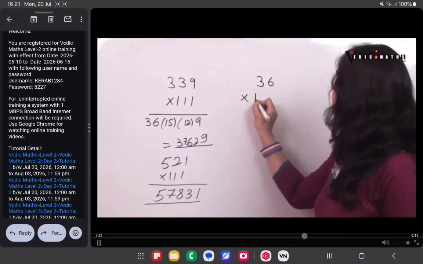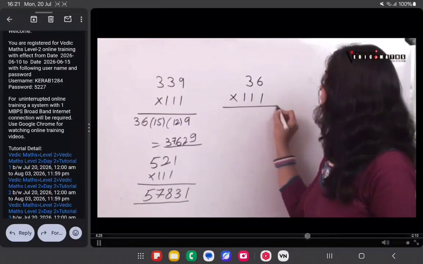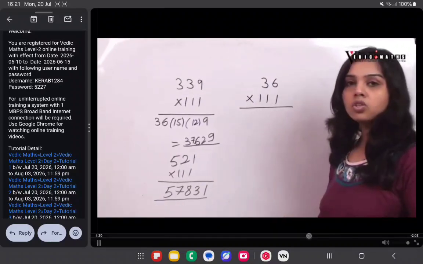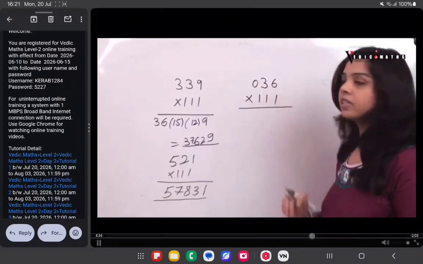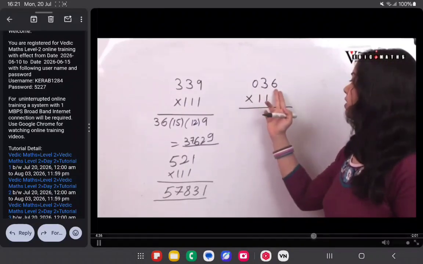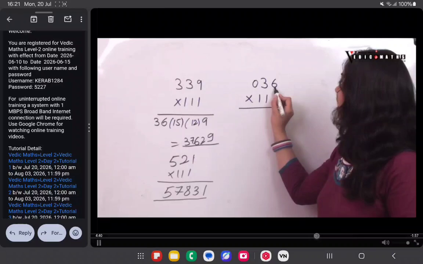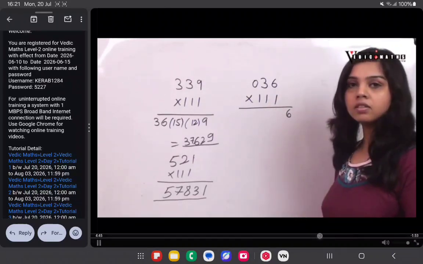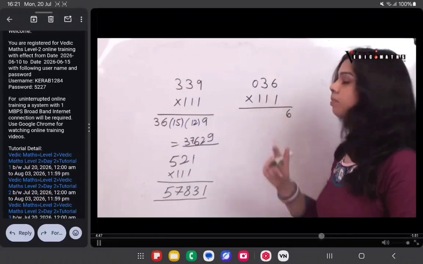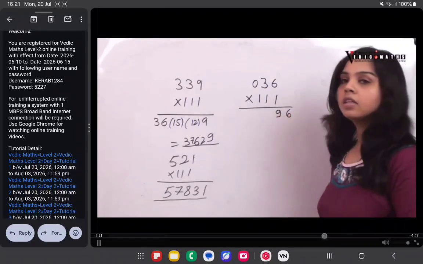Our question is 36 into 111. We can make it a 3-digit number because it was a 2-digit number, so 036 is a 3-digit number. Our process is: write the last number as it is, that means 6. Sum of these two numbers, 6 plus 3 is 9.